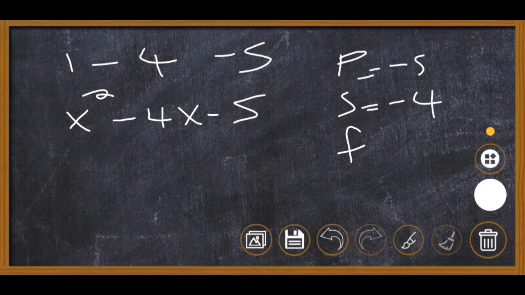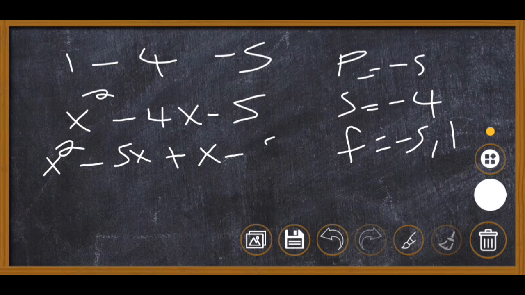So what values can we multiply for us to have negative 5, and when you add you have negative 4? Okay, in this case it's negative 5 and positive 1. So let's replace these values. So we are going to have x^2 - 5x, and then plus x - 5. So in this case, these values are the ones that are here.